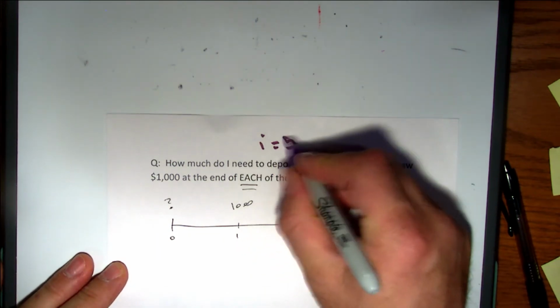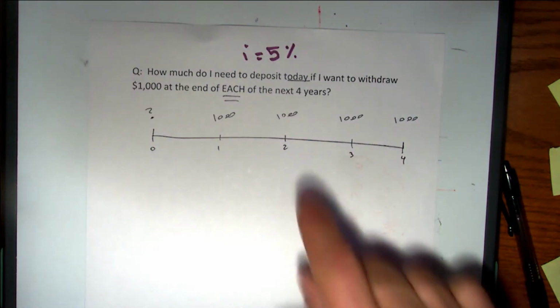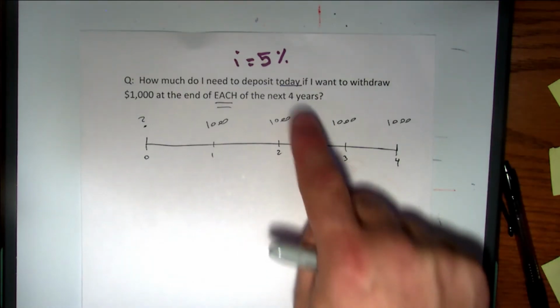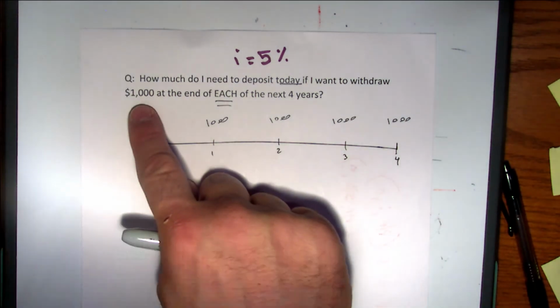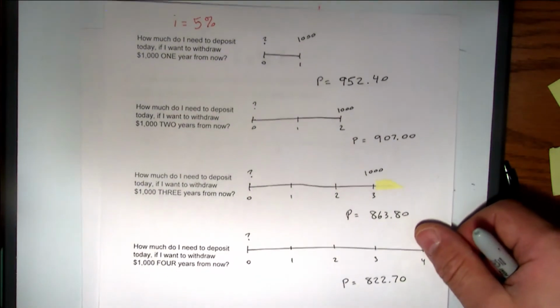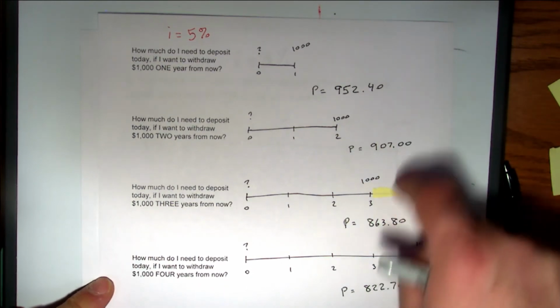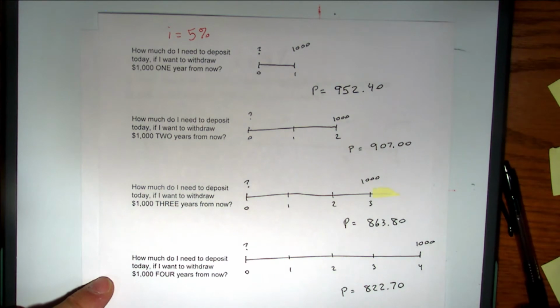I equals 5%. If I want to know how much I need to deposit today if I want to withdraw $1,000 at the end of each of the next 4 years, isn't that going to be the total of these 4 answers added together?